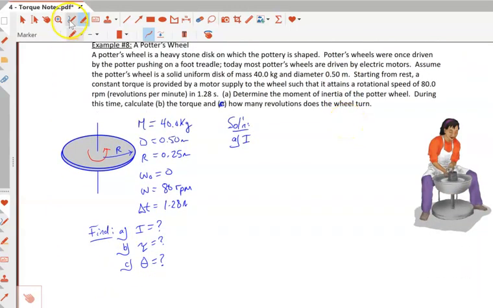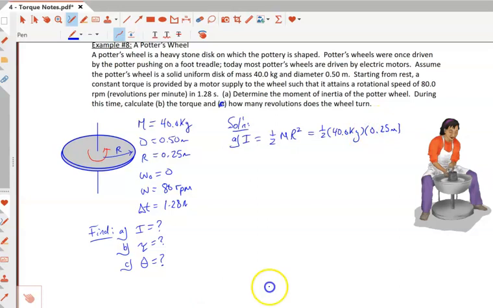So our rotational inertia is 1/2 times the mass of 40.0 kilograms, times the radius of 0.25 meters quantity squared. Putting that into our calculator, we get 1.25 kilograms times meter squared.